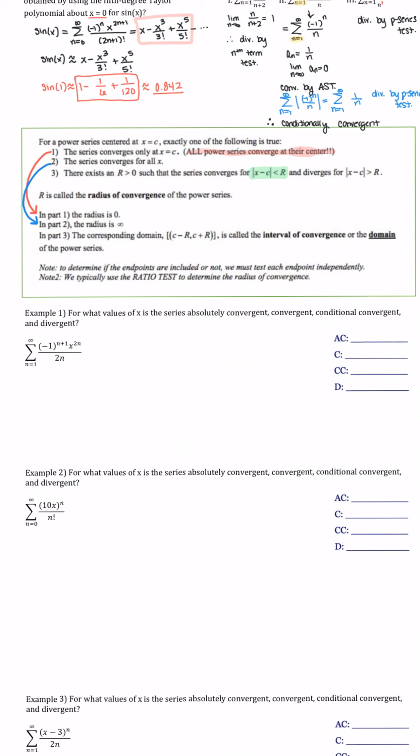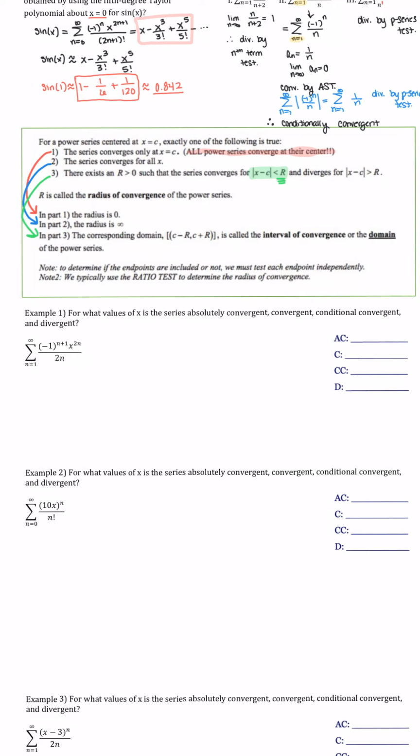If this is the case, that would mean that the radius of convergence is this value of r. And the corresponding domain of c minus r, c plus r, is called the interval of convergence, or the domain of that power series. So what we'll do is we're going to start with a ratio test on these. The ratio test, recall, is really nice.